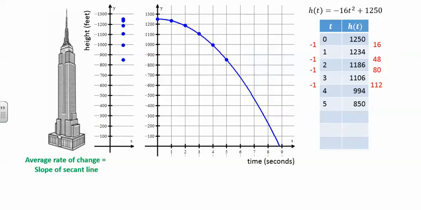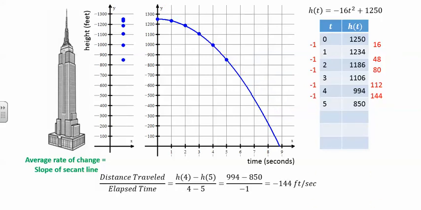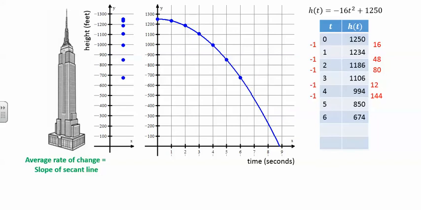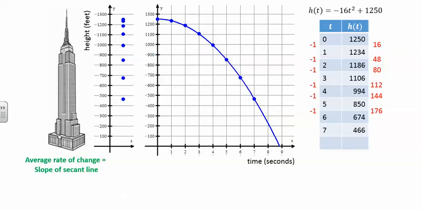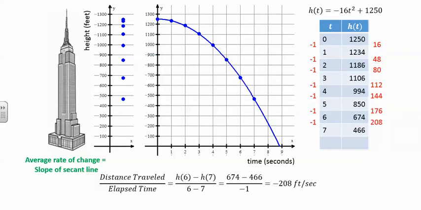Between t equals 4 and 5, the average velocity is negative 144 feet per second. Between t equals 5 and 6, it is negative 176 feet per second. Then between t equals 6 and 7, the average velocity would be negative 208 feet per second, always changing, always speeding up as it continues to fall.